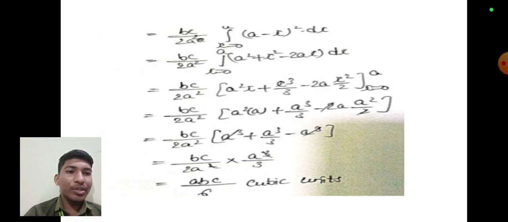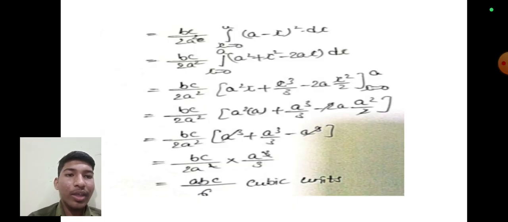Here 2a into x square by 2 cancels. Applying the limits 0 to a: a square into a plus a cube by 3 minus 2a into a square by 2 minus 0, which is a cube plus a cube by 3 minus a cube, and the a cubes cancel.